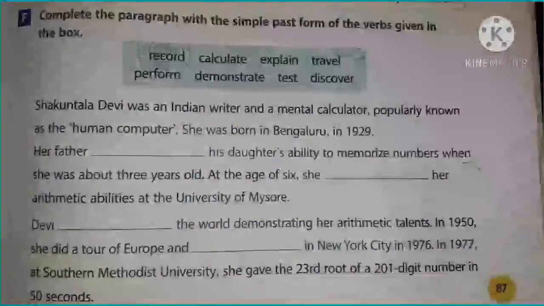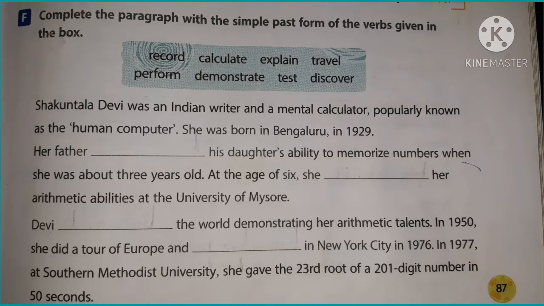We have some textual activities related to this. Let's do it now. Page number 87, activity F. Complete the paragraph with the simple past form of the verbs given in the box. We have to use the simple past form of these verbs. Record. What is the simple past form of record? Recorded.